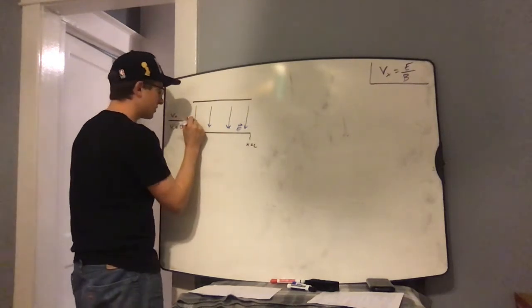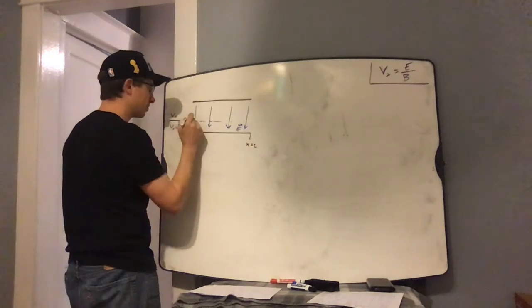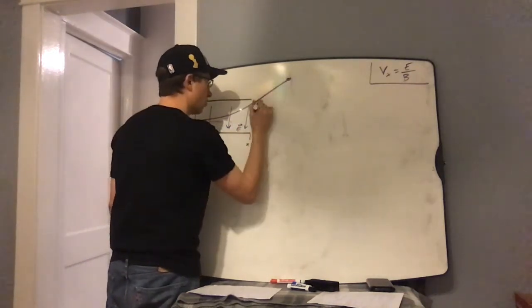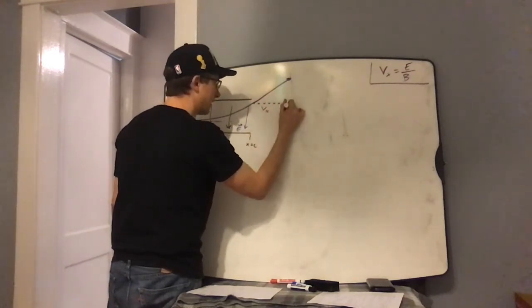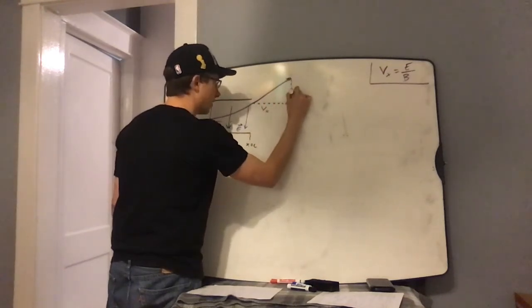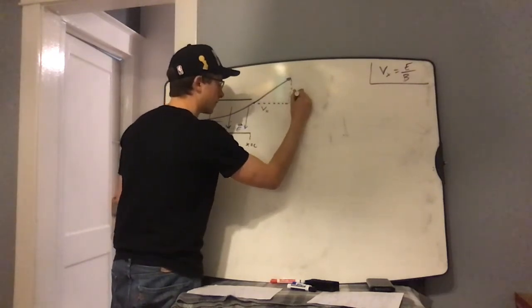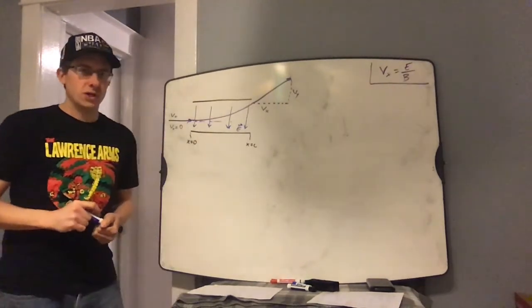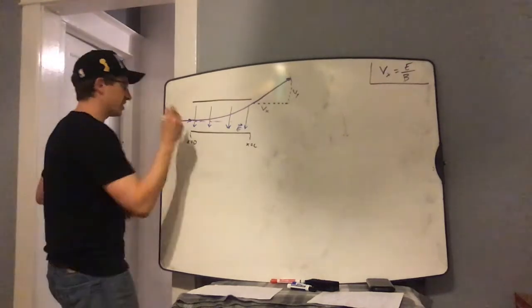And then the electrons are not going to just pass straight through, they're going to be deflected upward, and they exit with some final velocity. Vx is the same, and Vy. So what we want to do is we know the value of Vx. Vx was E over B.